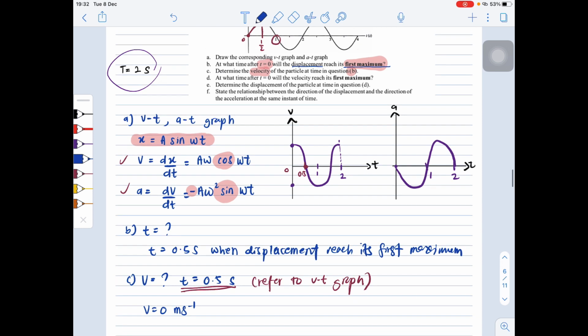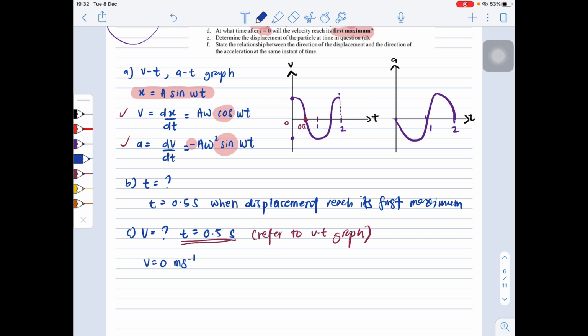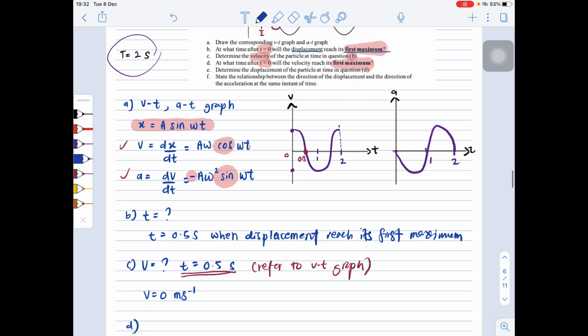Okay, and then next question, at what time after t is equal to 0 will the velocity reach its first maximum? So this one, again we refer to the VT graph. So after t is equal to 0, right? So dia start dekat sini. Sini adalah apabila t sama dengan 0.